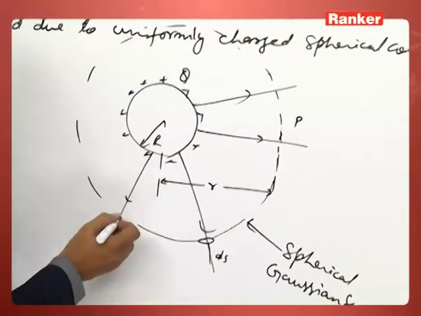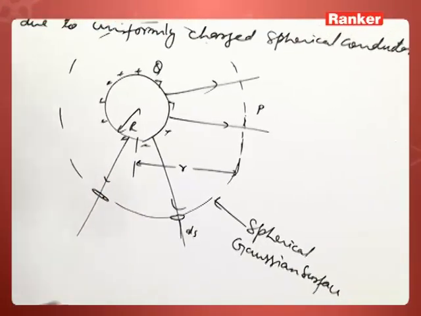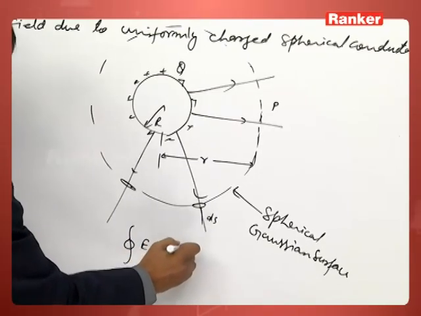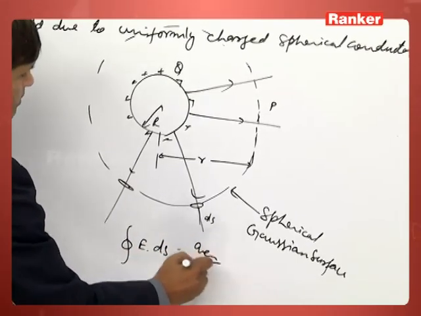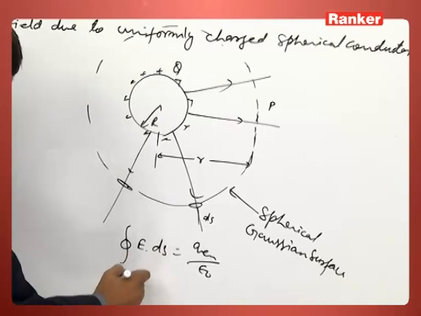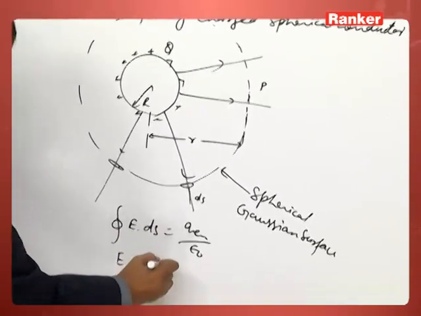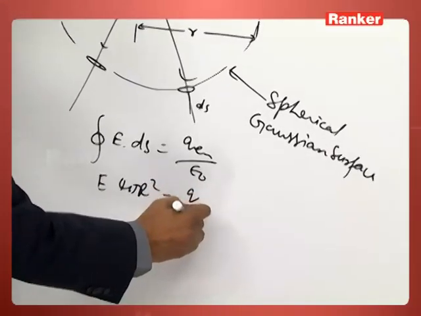Then using the same relation, again, E dot ds is q enclosed by epsilon naught. So E we have to calculate, and area 4 pi r square, q by epsilon naught.